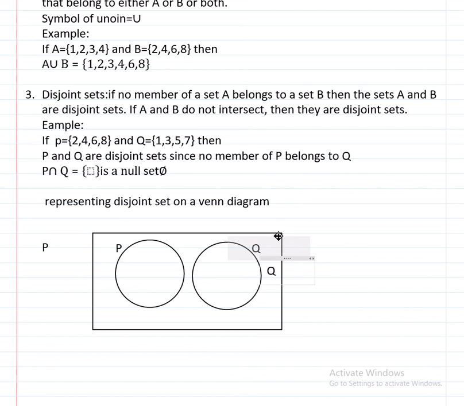Set Q, and we do a universal set, which is U. Okay, so this is how we write a disjoint set.